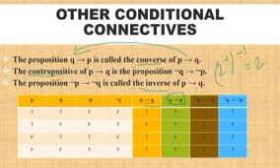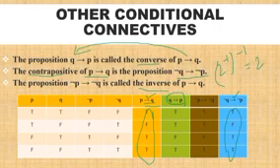P implies Q has the contrapositive negation Q implies negation P. Here we got the value of negation Q implies negation P, and that combined with P implies Q, both have the same answer. So we are saying those two are the contrapositive of each other.